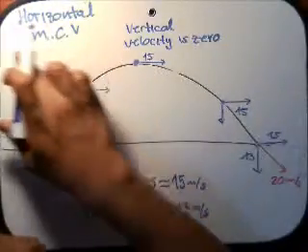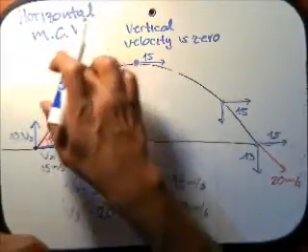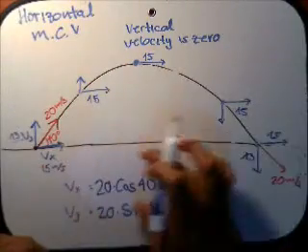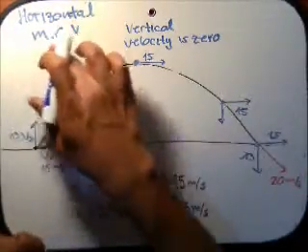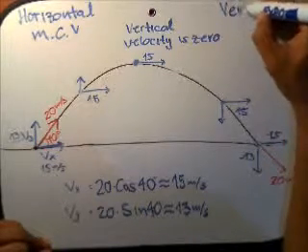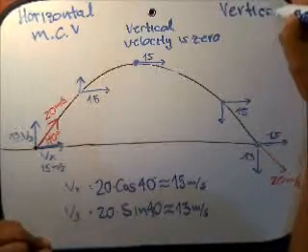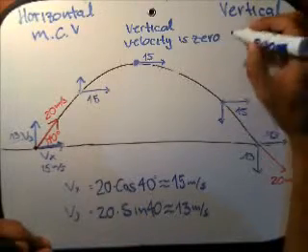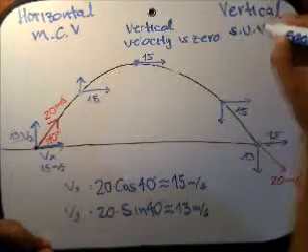Now, I said that we're going to analyze everything in the horizontal axis with motion with constant velocity. And in the same way, in the vertical axis, we're going to have basically suvat.